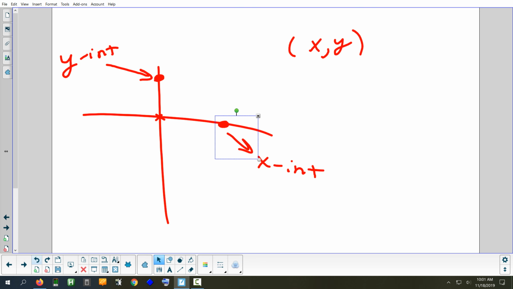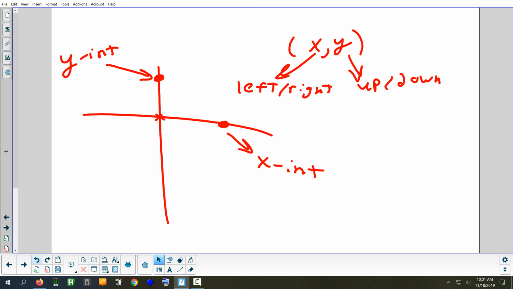None. You don't go up and down at all. So if you don't go up or down at all, that would mean the y value is what? 0.